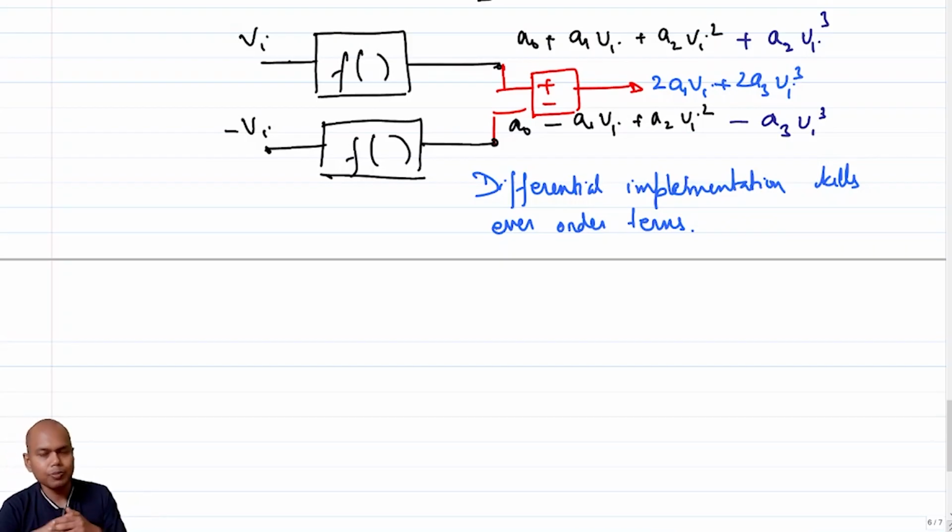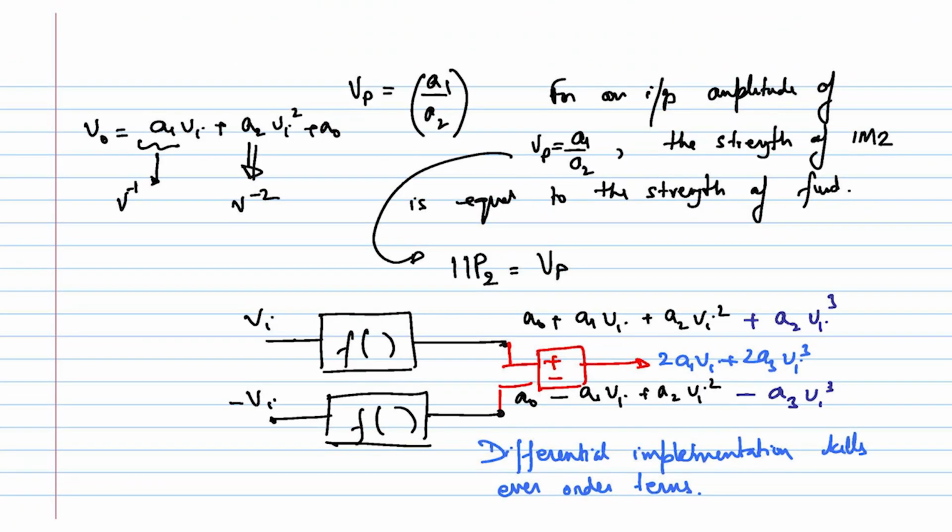Okay, fine. But now, as you can see, the third order terms will not get cancelled, so they will remain. Which means that we need a metric to understand how to characterize the third order distortion, right? And we'll do the same thing like before. Let's say we limit ourselves to only third order terms, and we'll assume that no second order or DC term exists.